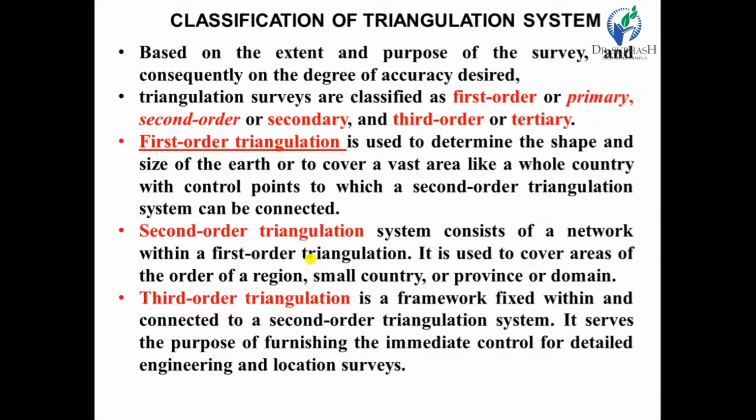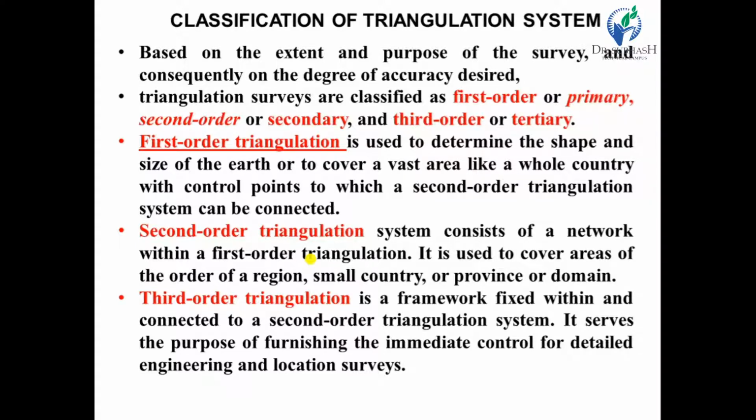Now, that is the classification of triangulation systems based on the extent and purpose of a survey, and consequently on the degree of accuracy desired. Triangulation surveys are classified as first order or primary, second order or secondary, and third order or tertiary. The first order triangulation is used to determine the shape and size of the Earth, or to cover a vast area like a whole country with control points to which the second order triangulation system can be connected.